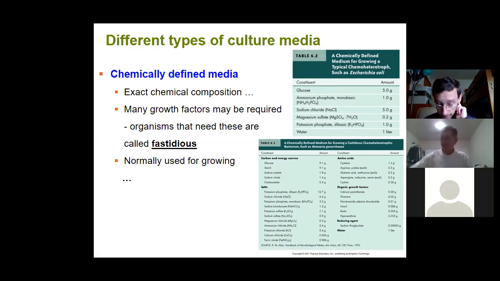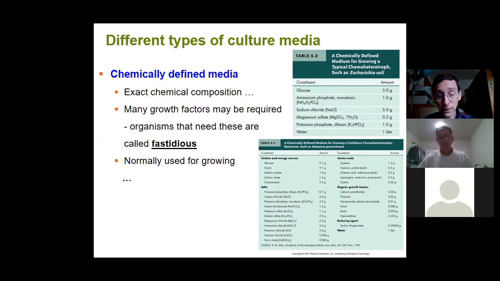Like I mentioned, with Streptococcus pylori, we add red blood cells to the media to get it to grow, because it is fastidious and would not grow in a normal media, where you grind up your cow, make a beef extract, and add the water.